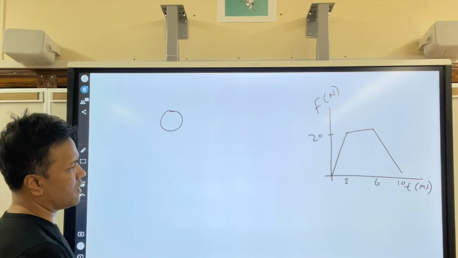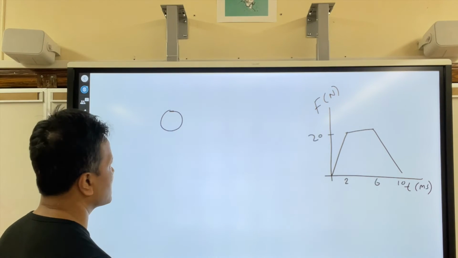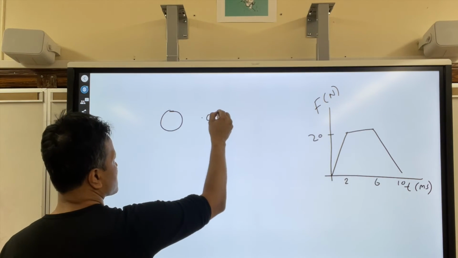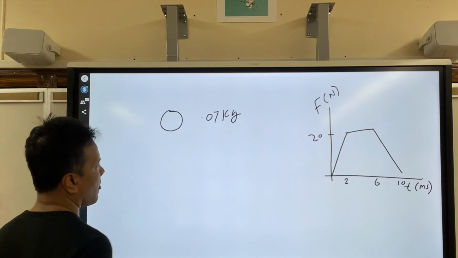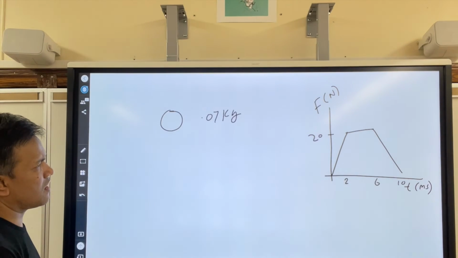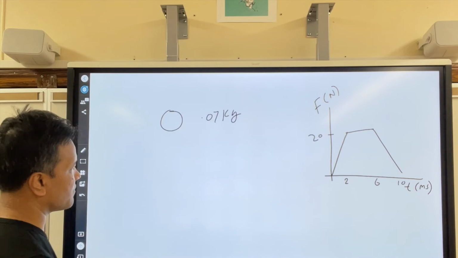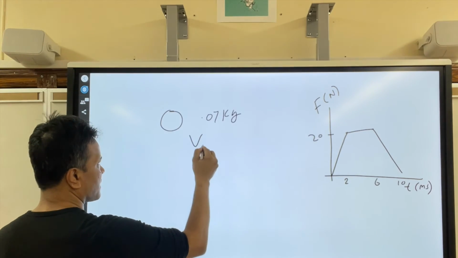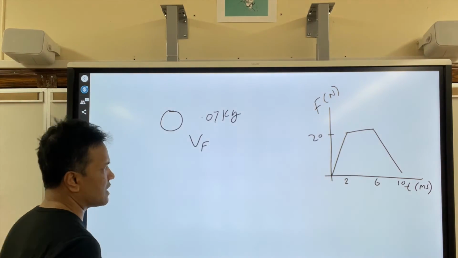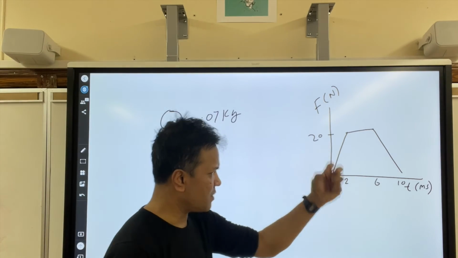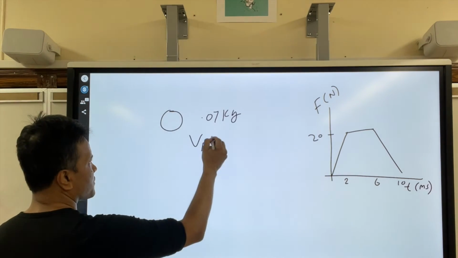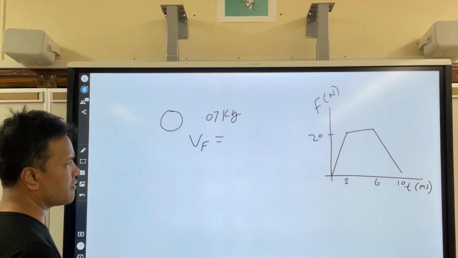The mass of the ball is, let's say, 0.07 kilogram. I want you to find the final velocity of the ball after you apply this impulse on the ball. What would be the final velocity? Alright, let's find it.